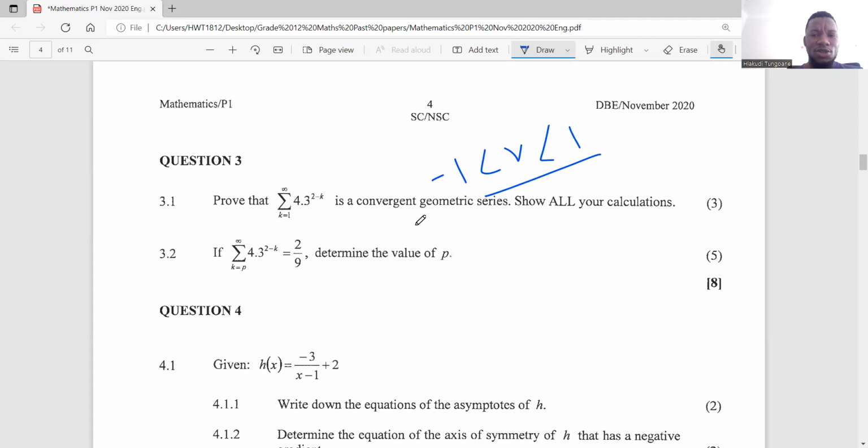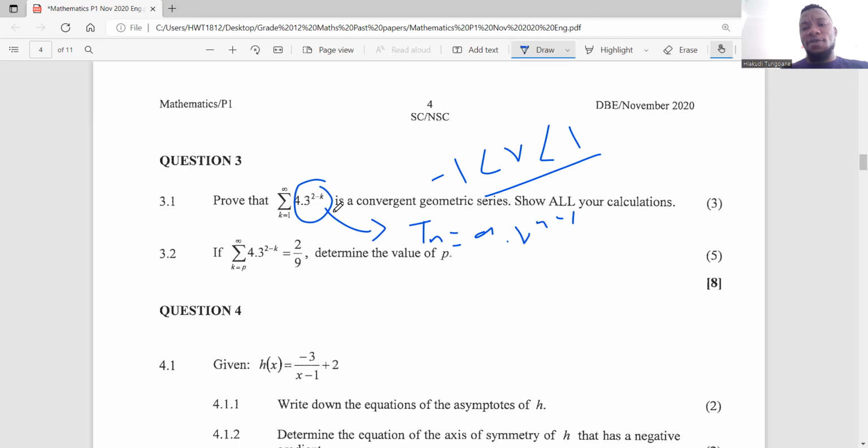Okay. So we need to apply some properties of exponents to modify this formula. We need to write it in the form Tn = a r^(n-1).